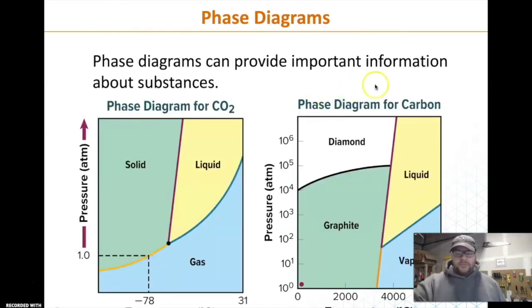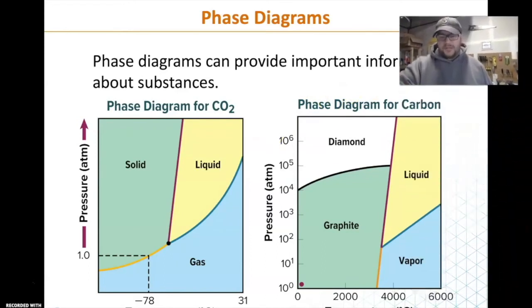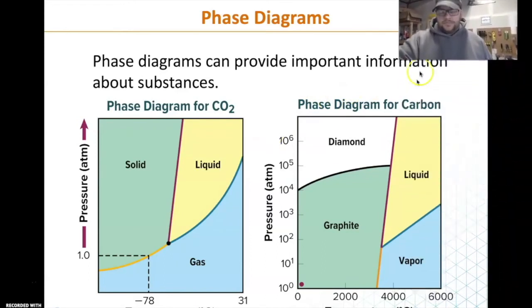Like I mentioned before, each material has its own phase diagram. Over here we have CO2, and here you'd have dry ice, solid CO2. At 1 atmosphere of pressure, you can see that solid dry ice, at negative 78 degrees Celsius, is going to naturally want to turn into a gas.